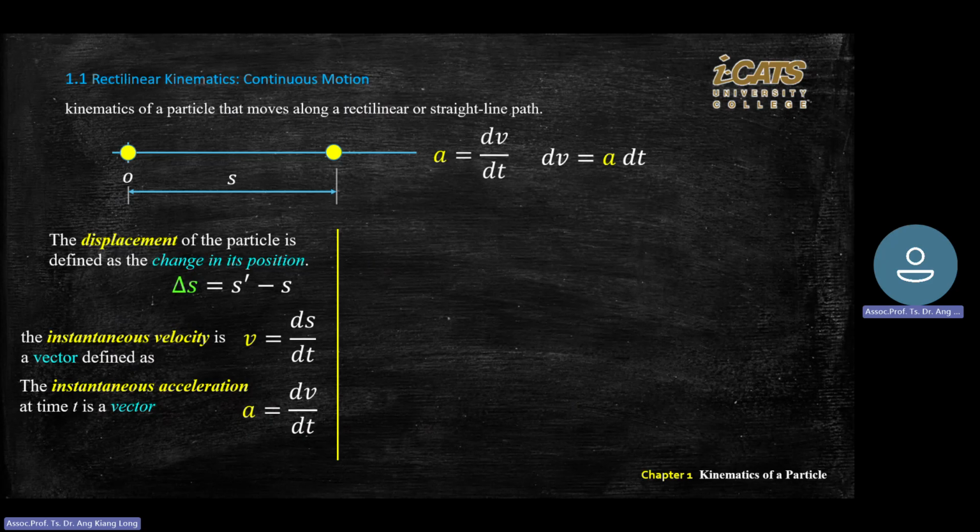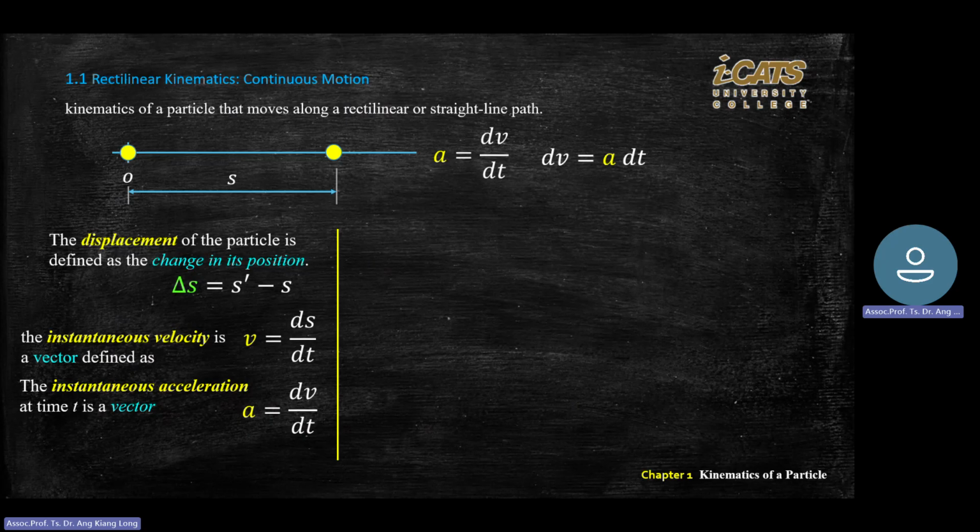And then you check the dimension on the left and right. What is the unit for velocity? Meter per second. And if you take acceleration multiplied by time, you get meter per second. So the two sides balance.